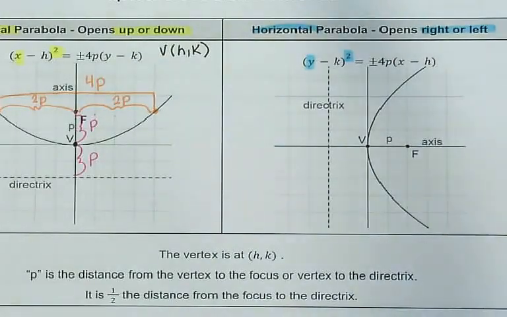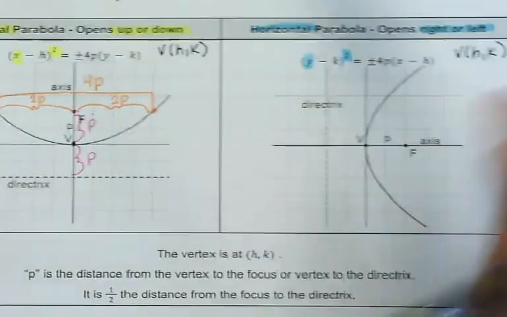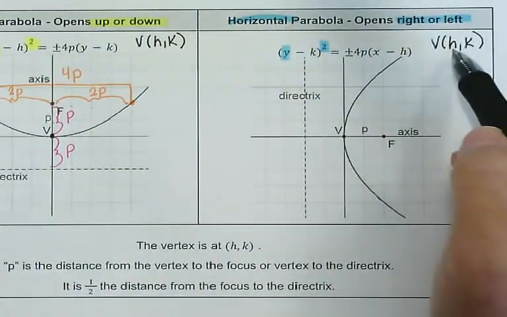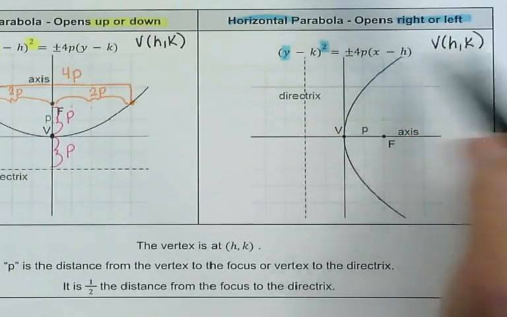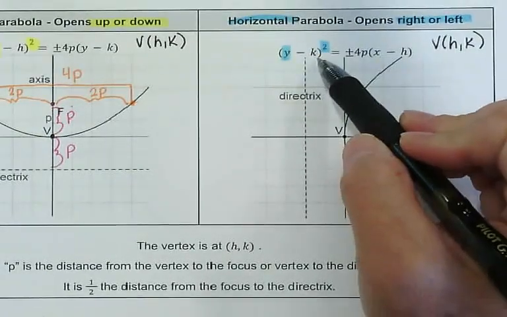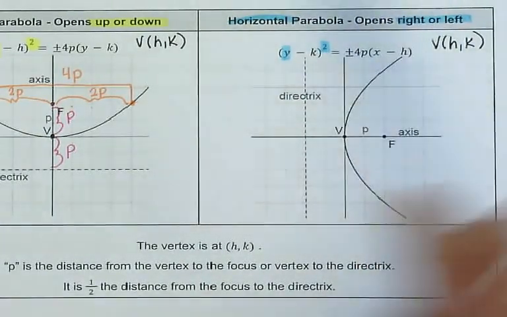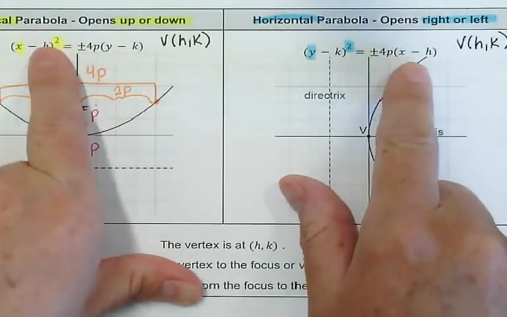Your vertex here is still your (h, k). Your x value of the vertex, your h, still matches with the x. Your y value of the vertex, your k, still matches with the y. See how on both of them, the k is with the y, the h is with the x?